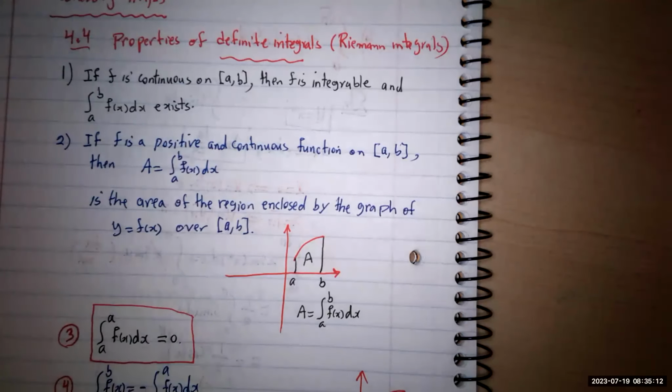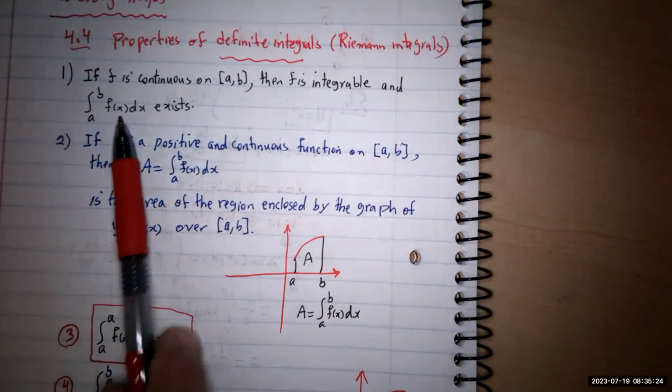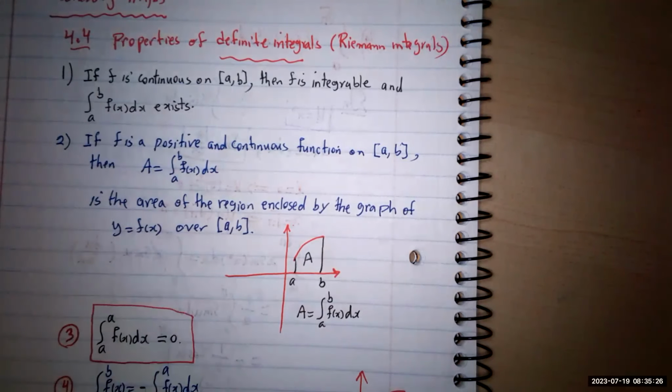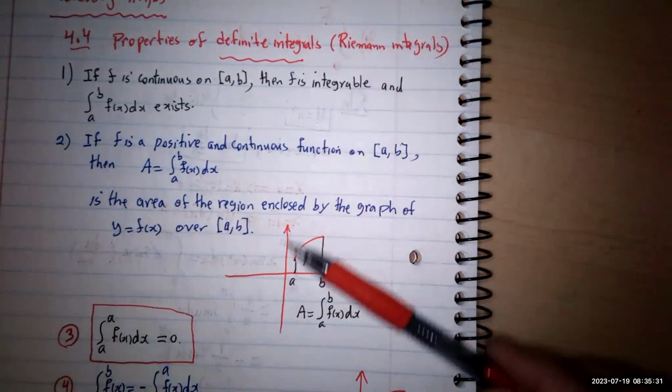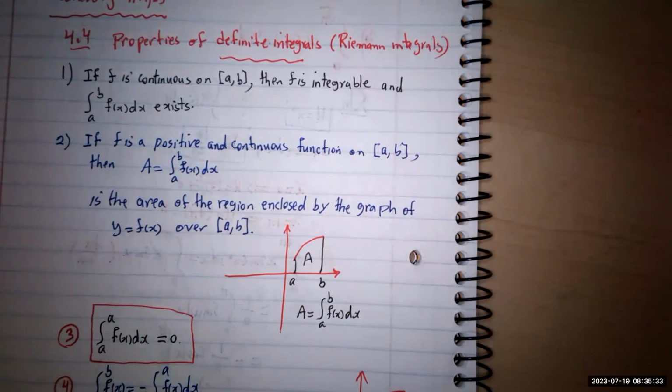But the question is, can you find it? You see, there are some definite integrals in science that are used quite a lot, but we cannot find them by just using this type of method. We can estimate it with a calculator, but we cannot do it right with this type of formula for finding the antiderivative.